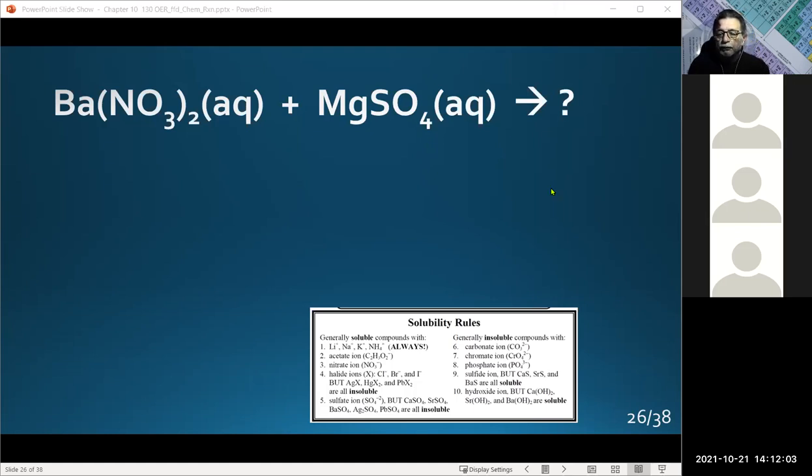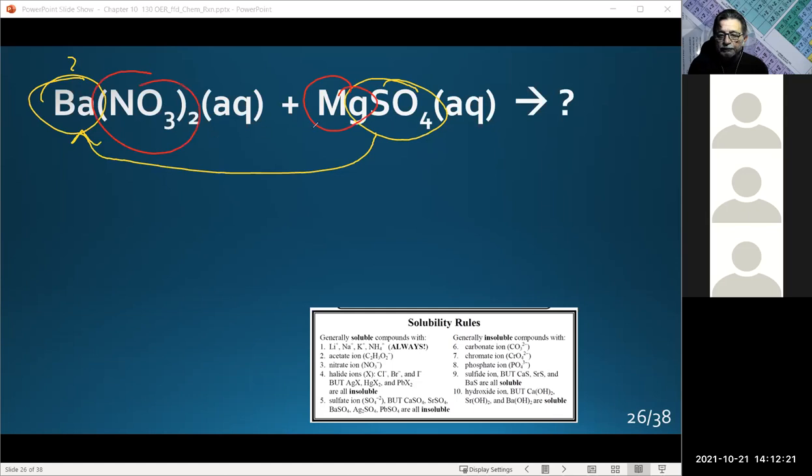Okay, so the barium is going to partner up with the sulfate, and the magnesium is going to repartner with the nitrate. Before I put them together, I put them into ionic form. So I got the barium, which we know is a +2 ion. The sulfate is an SO4, go to your polyatomic ion table.